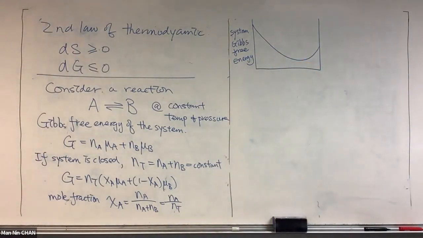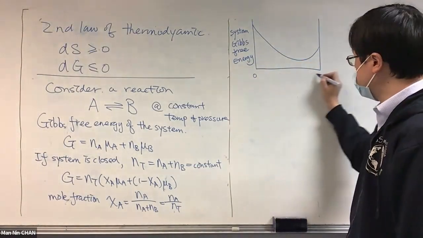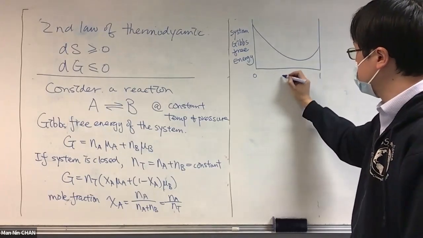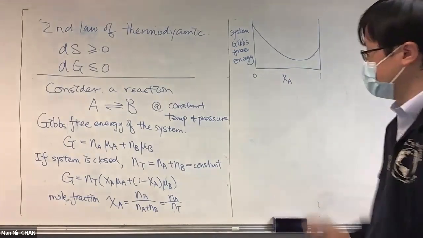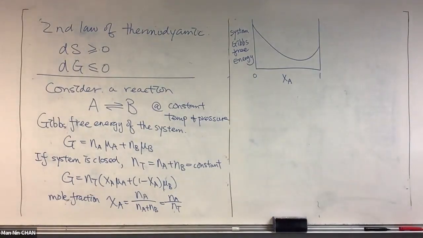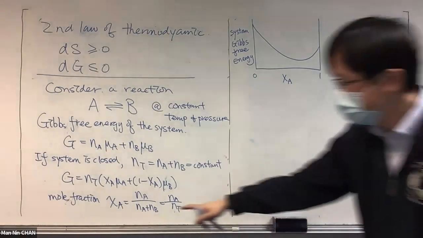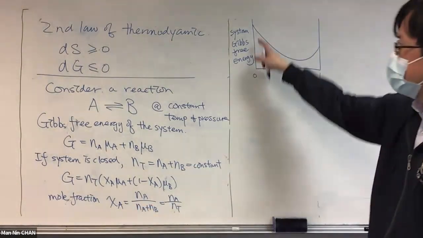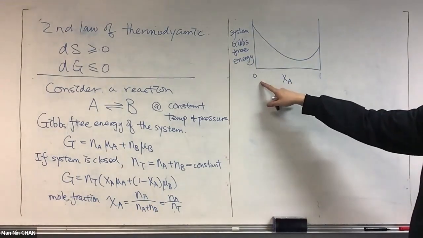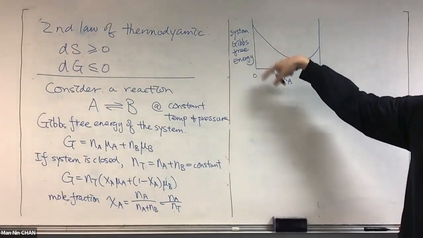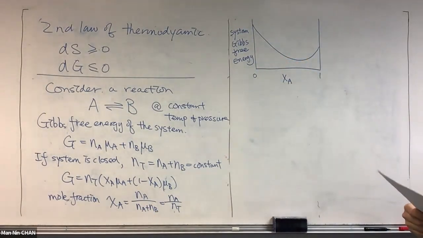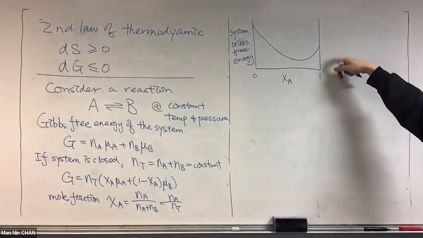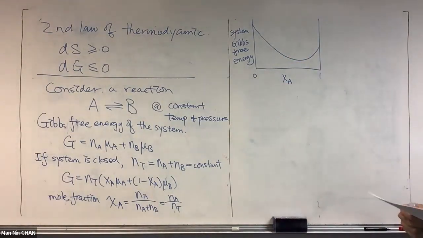Let's say the x-axis here is the mole fraction of my A. Zero means I don't have any A, so this is pure B, and at the other end you only have A here.